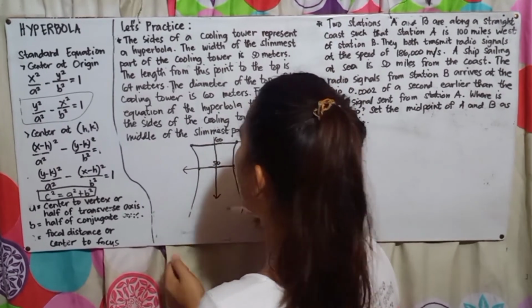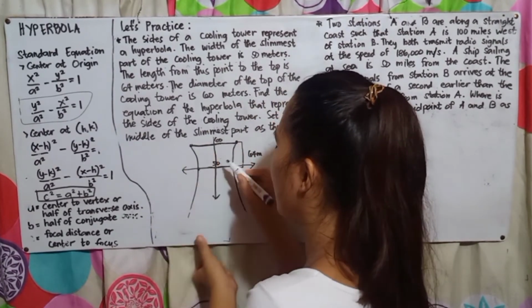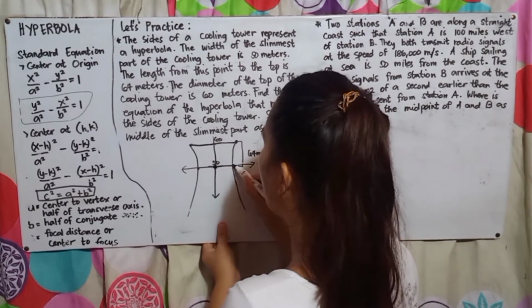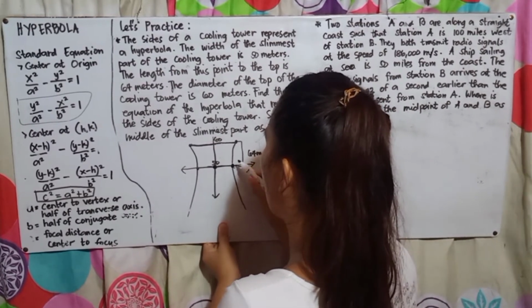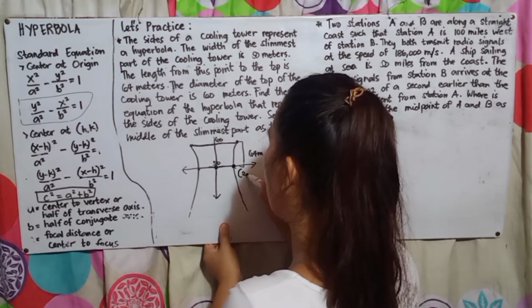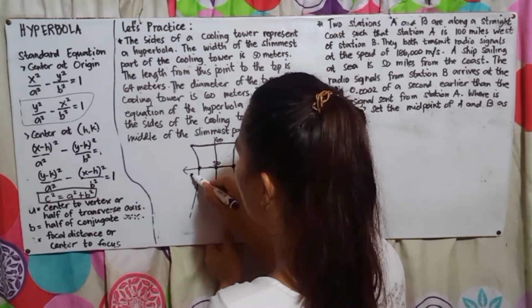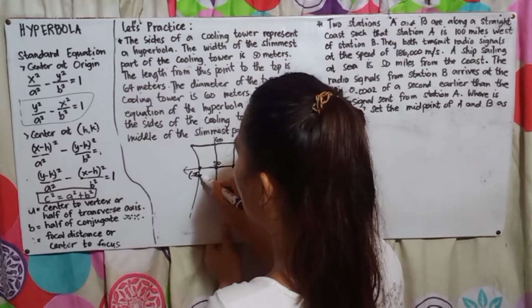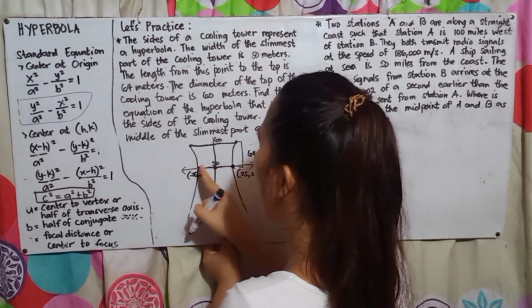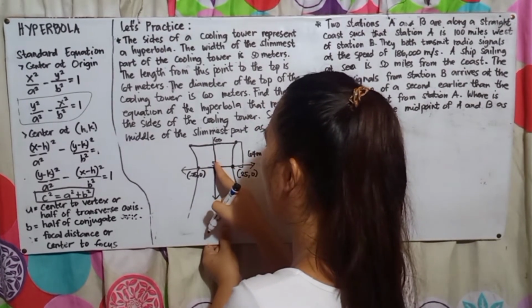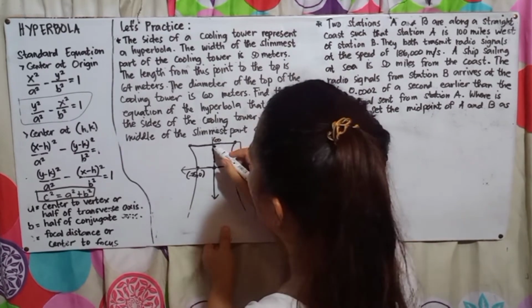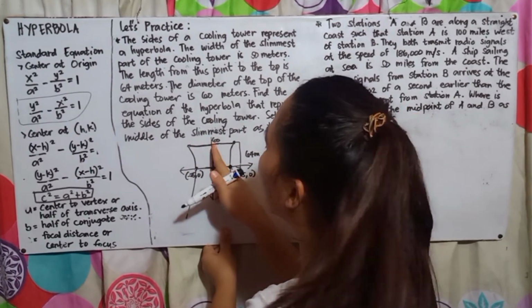Therefore, since it is 50, divide by 2. The ordered pair of one vertex is (25, 0), and the other is (-25, 0). So, 25 plus 25 equals 50.